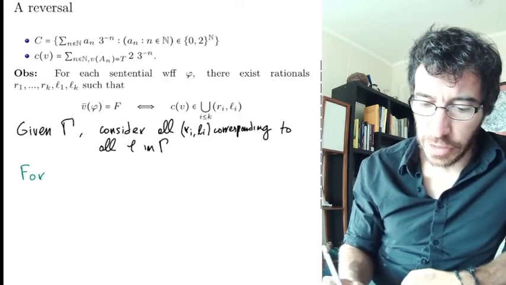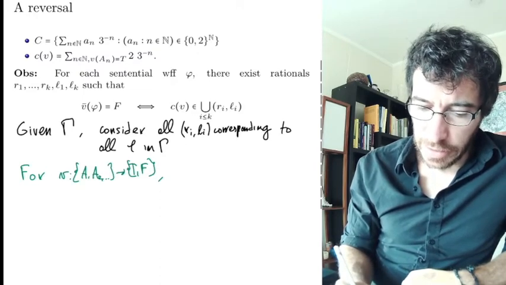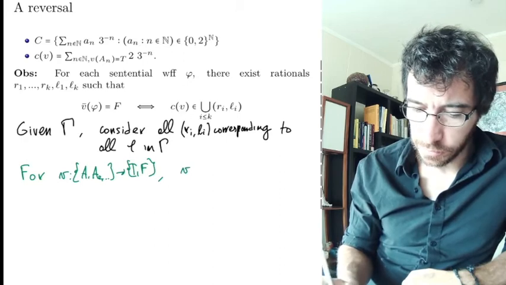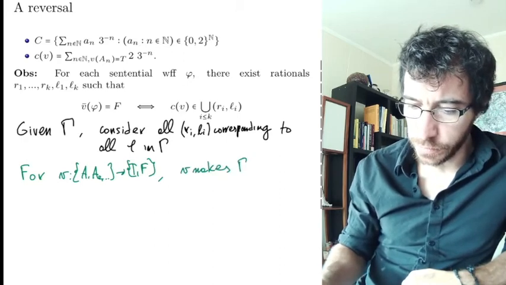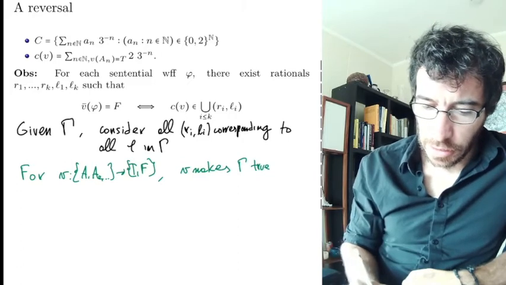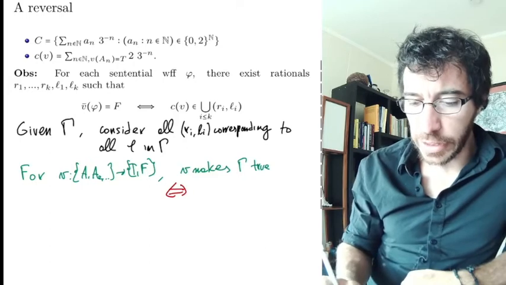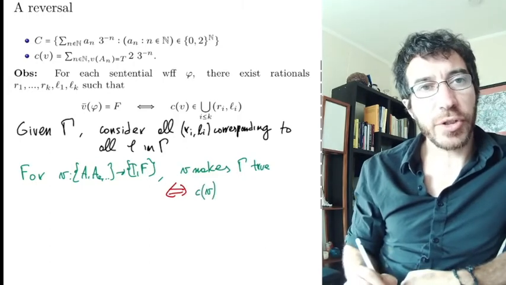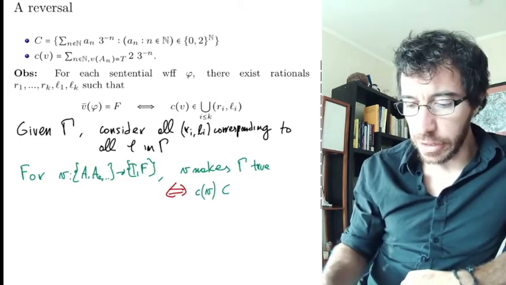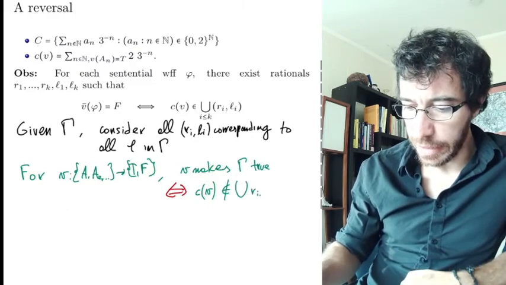For evaluation V, we know that V makes gamma true if and only if the image of V, the point in the Cantor set that corresponds to V, does not belong to the union of all these intervals Ri, Li.